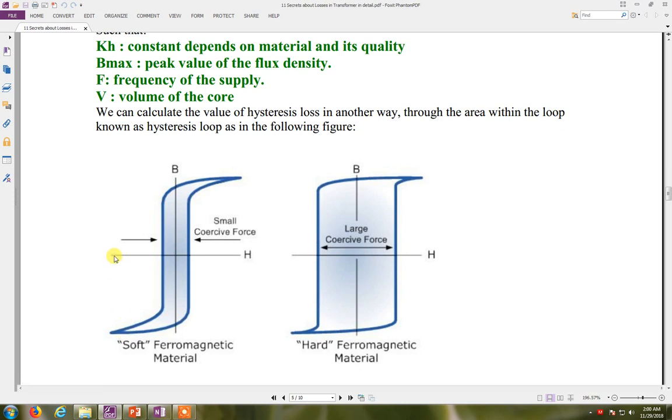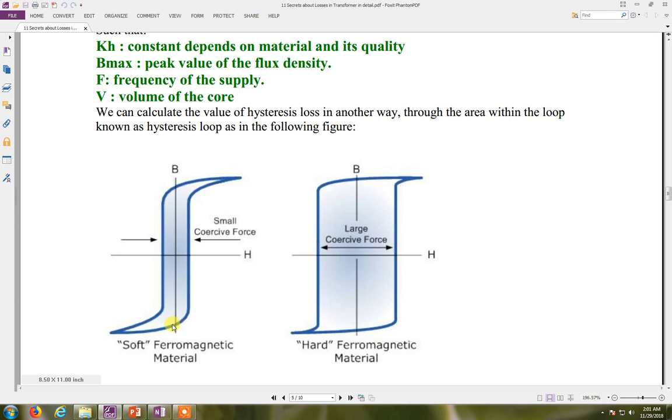From here, at the point of saturation, we reduce the current, and what will happen? With the decreasing of current, the flux density will also decrease, but only slightly.